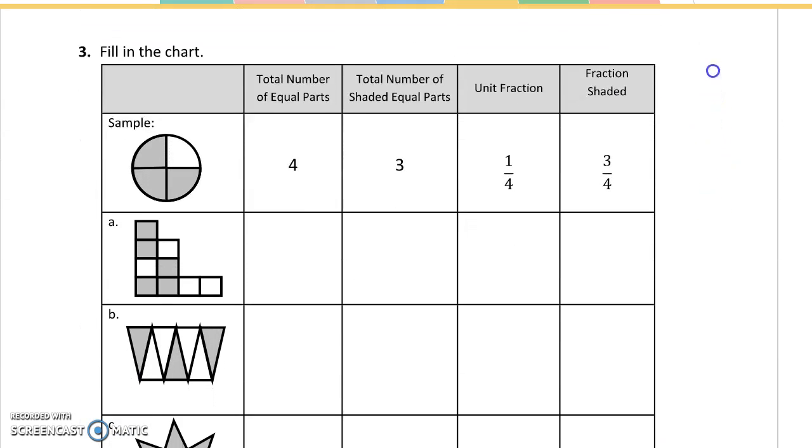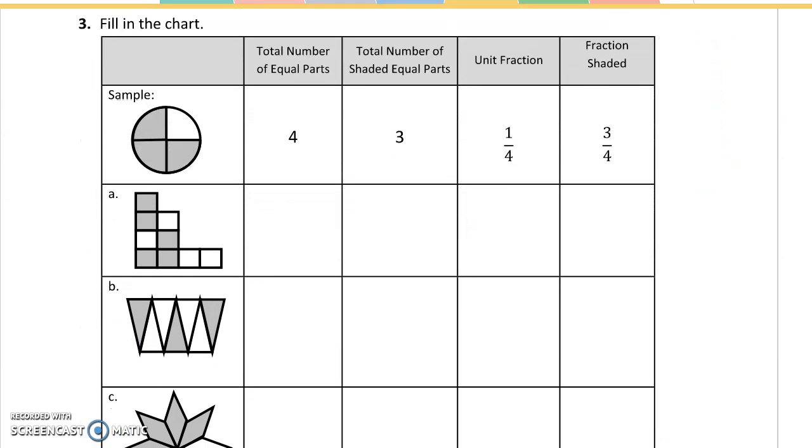We have to fill in a chart here. So they gave us a sample, this top circle. We have to fill in the total number of equal parts, total number of shaded equal parts, what the unit fraction is. Remember, that just means there's a 1 on top, and the fraction that's shaded.